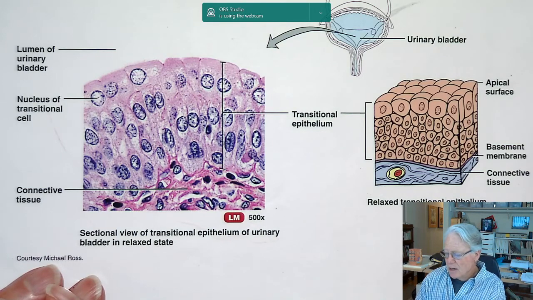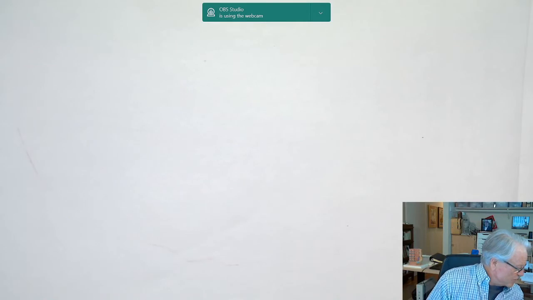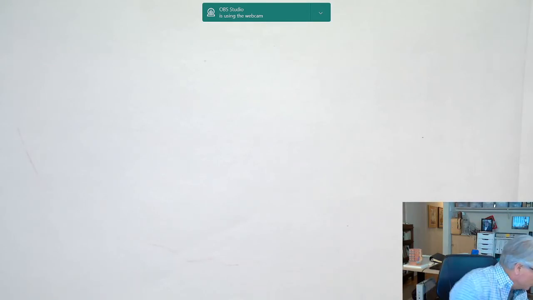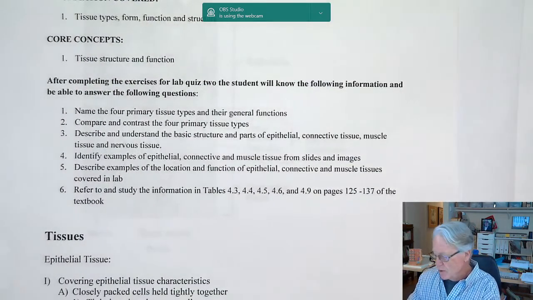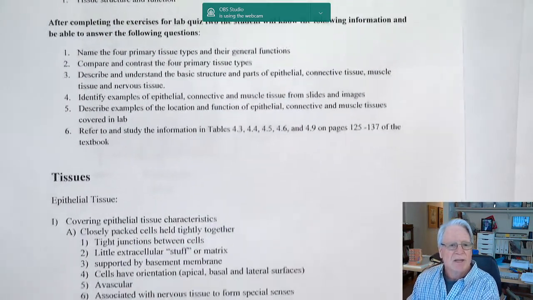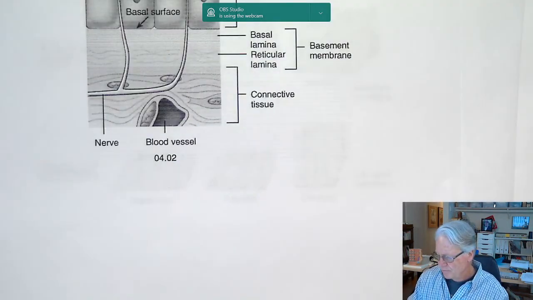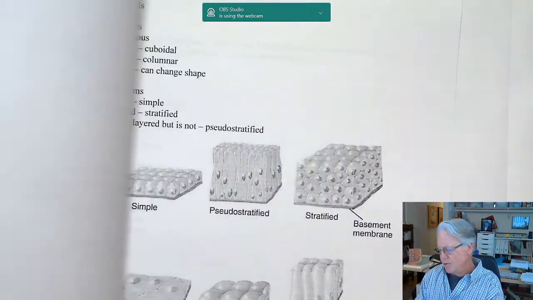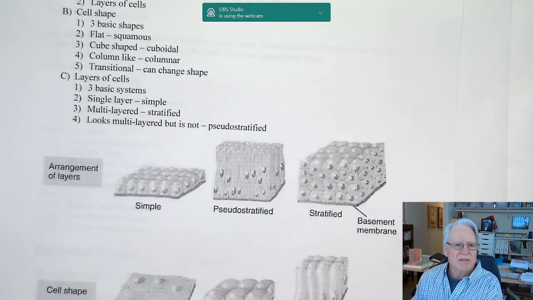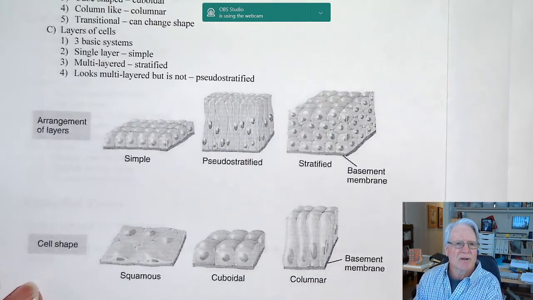Okay. All right, ladies and gentlemen, that does it. I just want to very quickly turn back to the lab and guide you through what we've done so far. We've talked about epithelial tissue. We've introduced its basic structure. We looked at different shaped cells and different layers.